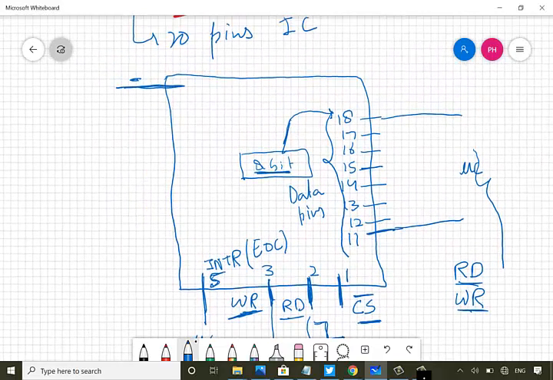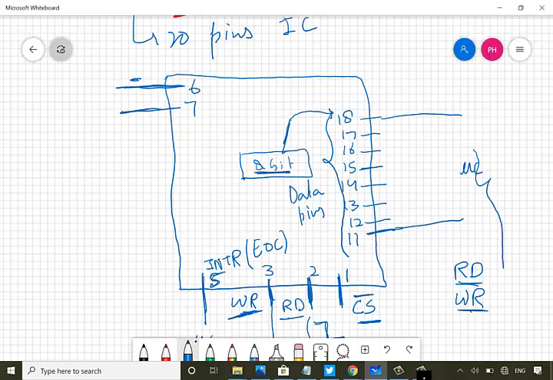Then we have pin number 6 and 7. They are known as Vin positive and Vin negative.